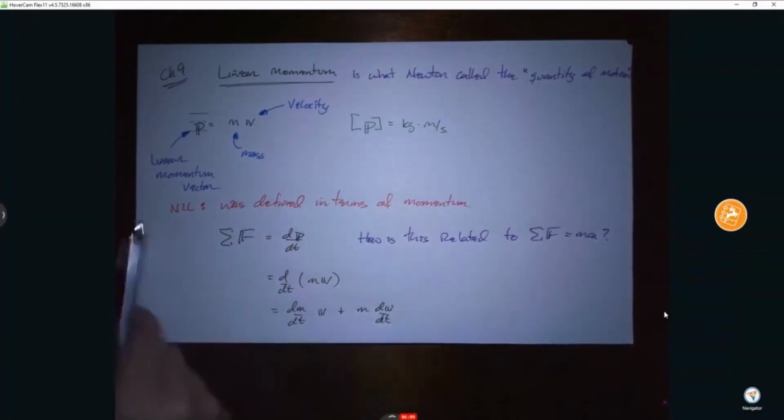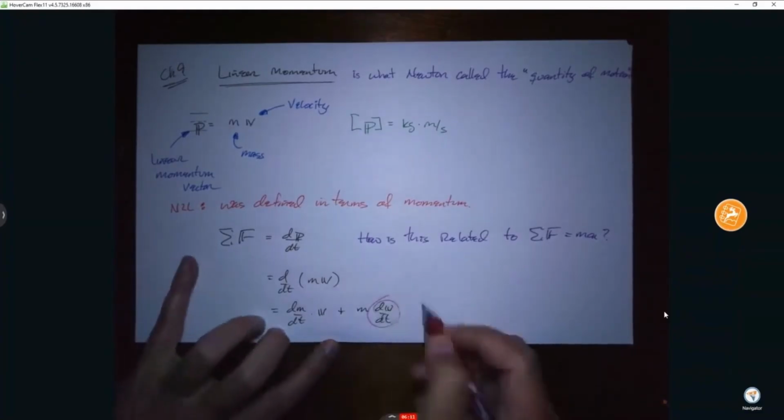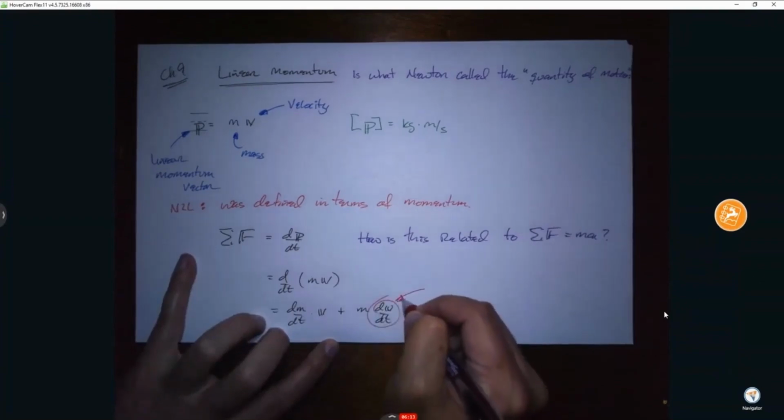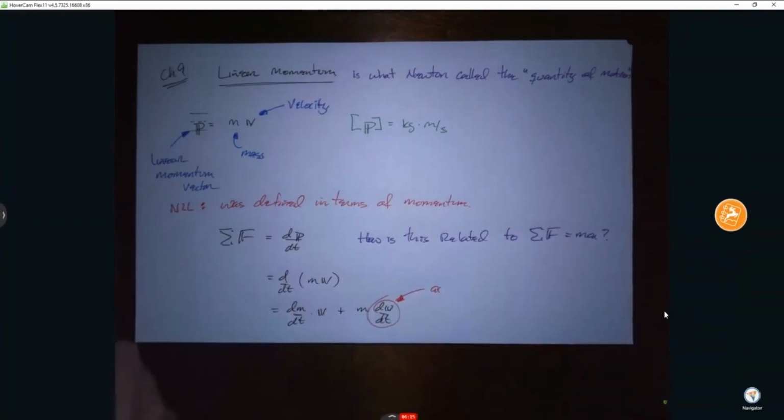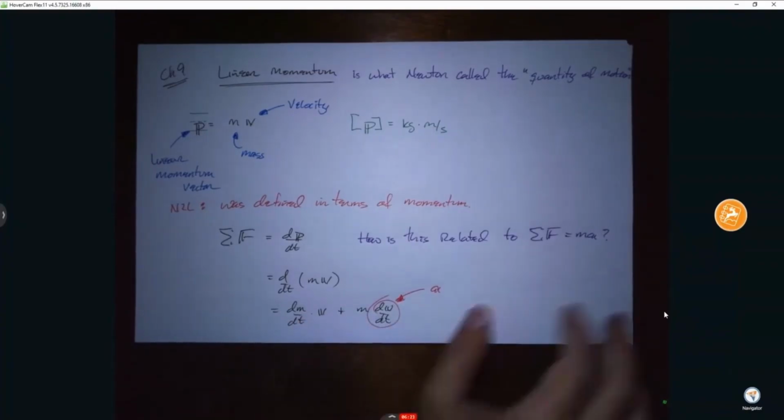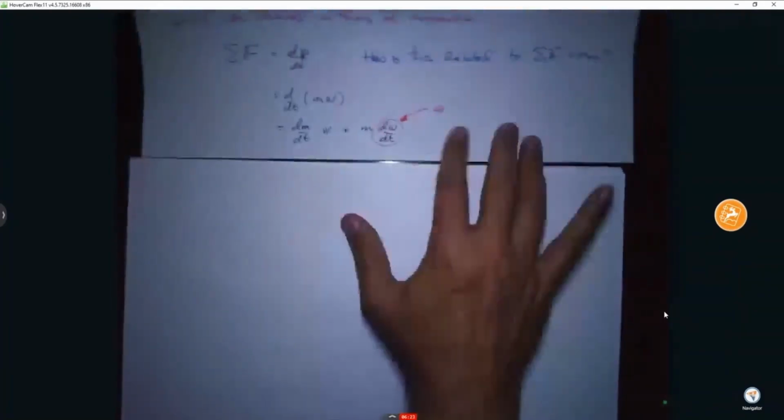And when we look at the time derivative of the velocity, that is our acceleration, a. So you can see ma right there. But then there's this whole other term that we have.